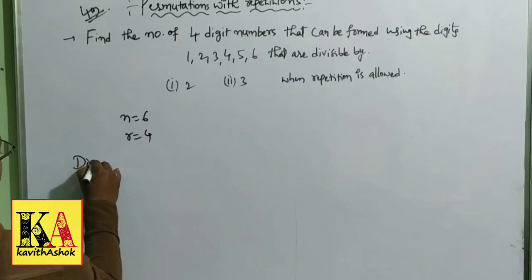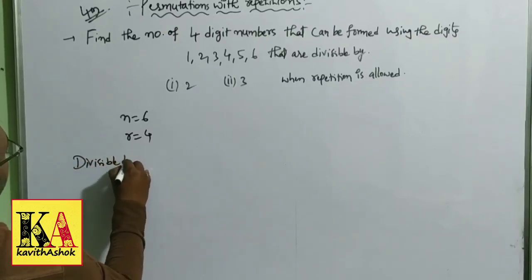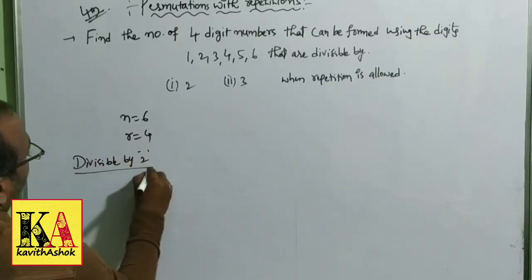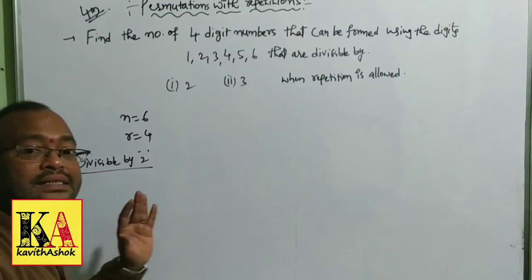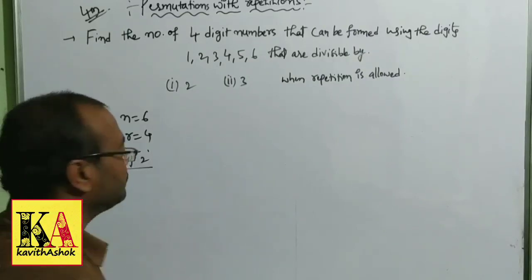So divisible by 2. We already know a number is divisible by 2 if its unit place contains an even number, isn't it?